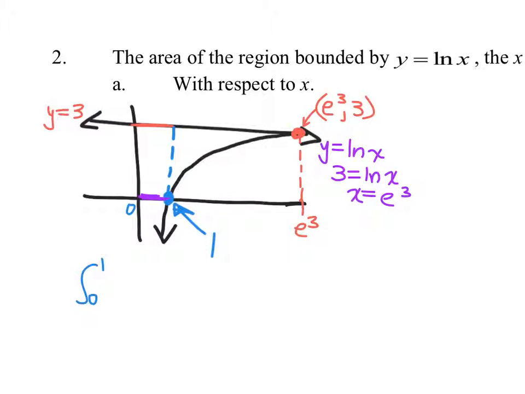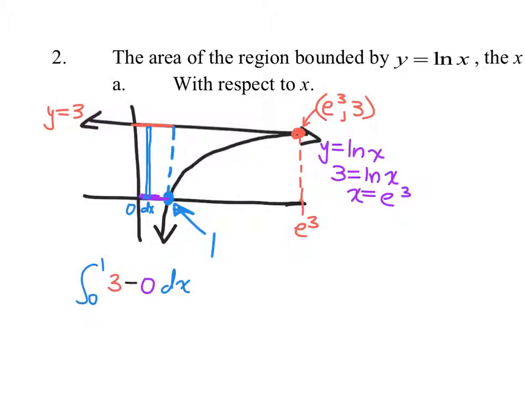So you would say 3 minus 0. And that's a dx, because our infinitesimal rectangle is vertically organized to have a thickness with respect to x.